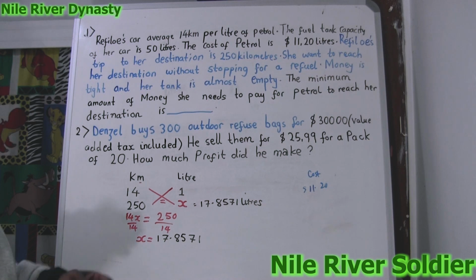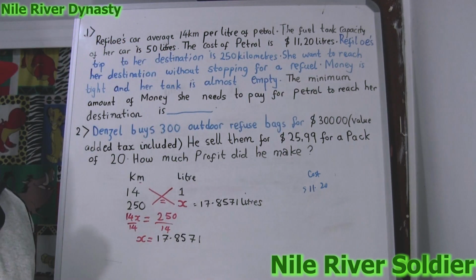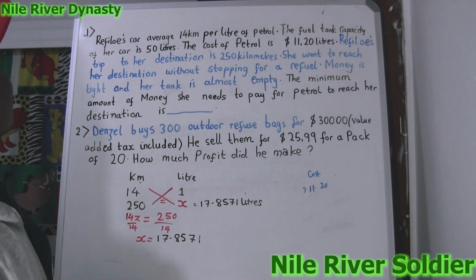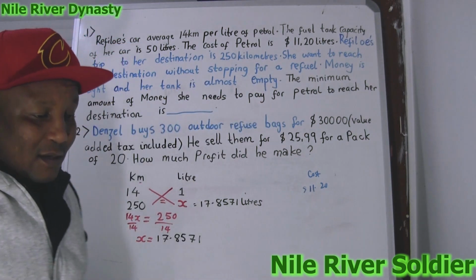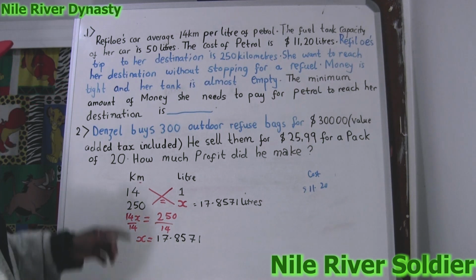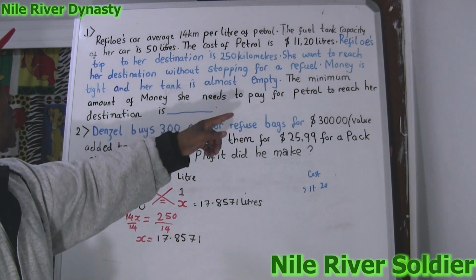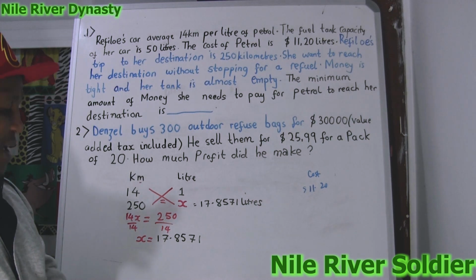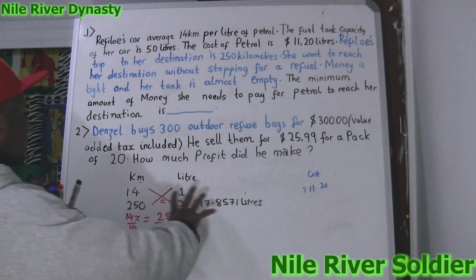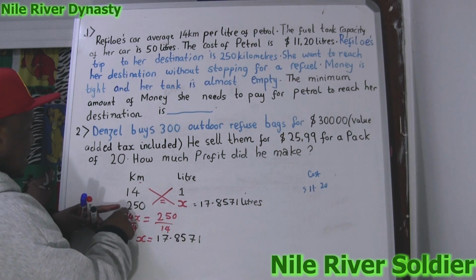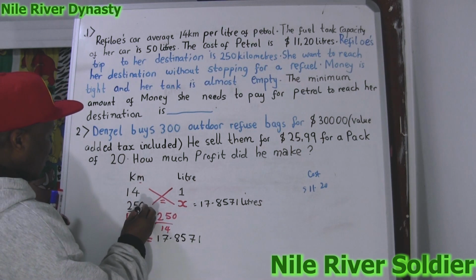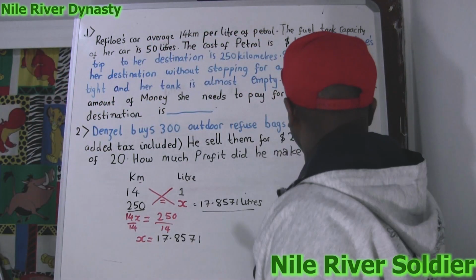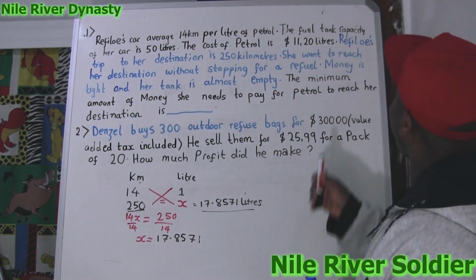Now they say her tank is almost empty, and they ask for the minimum amount of money she needs to pay for the petrol to reach her destination. We want to find out how much money she's going to pay. We have all this information: she's going to travel 250 kilometers, which is this many liters. But we have another piece of information here.